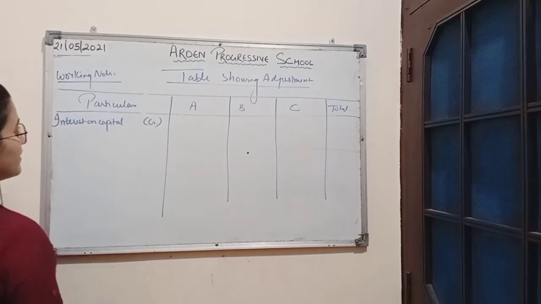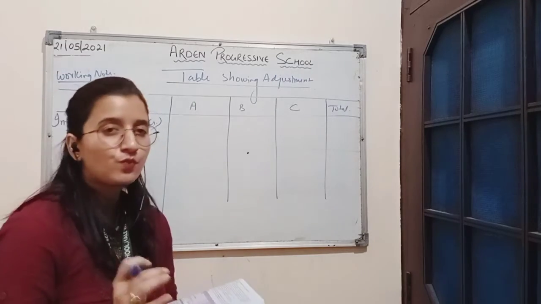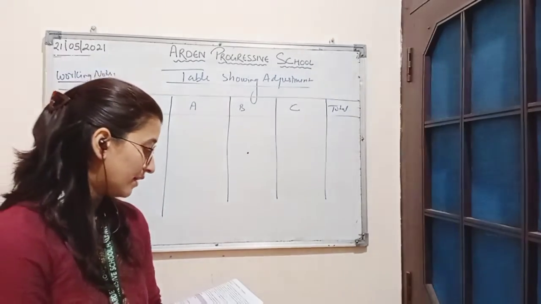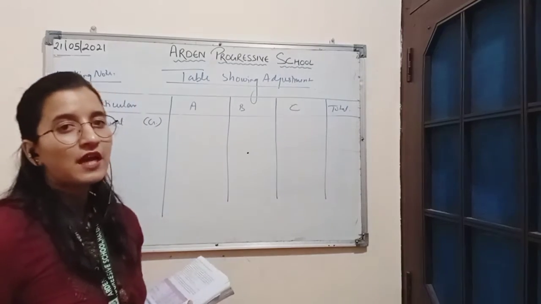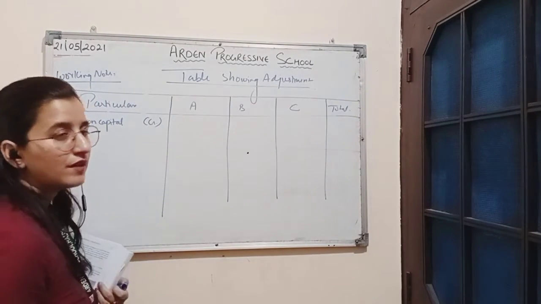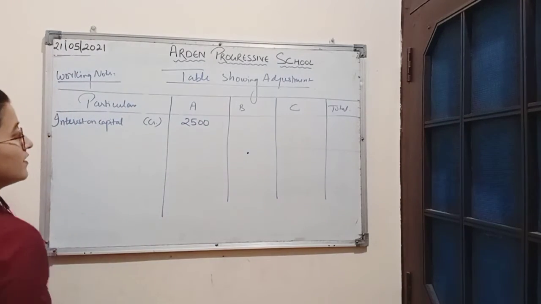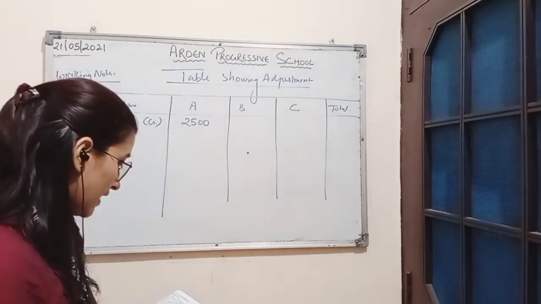So that is why it is credited. Now as we know, A has brought 25,000 as capital in the firm and interest on capital is 10%. So here 10% of 25,000 will be 2,500. This is the interest on capital which is to be paid to partner A.